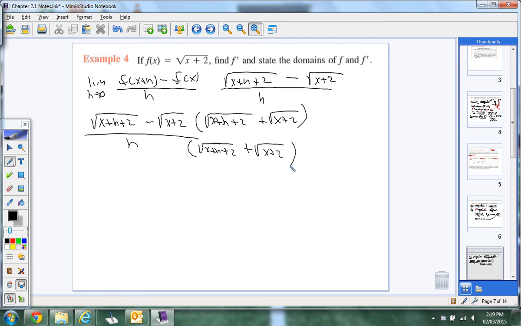So top, remember it's a conjugate, so it's going to be nice. That's going to make x plus h plus 2, minus x minus 2. So you can see what happens at the top. The x's cancel, the 2's cancel. We're left with just an h, and that was the goal. So on the top, we're just going to have an h with this stuff on the bottom.